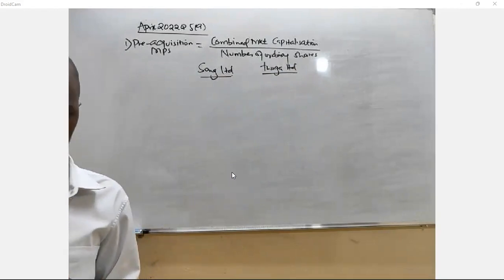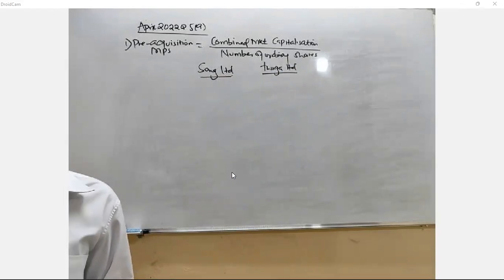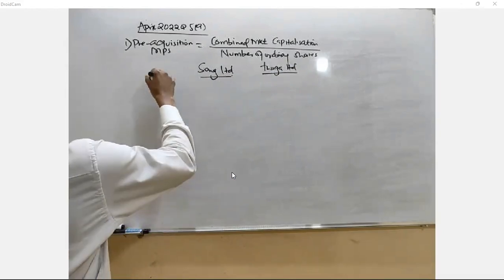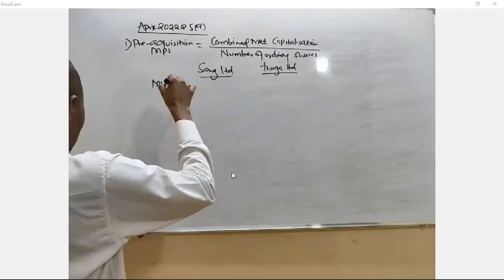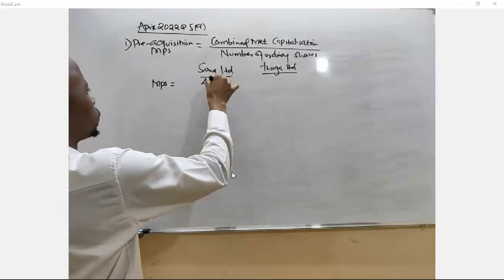So in our case here, we are being told the total market capitalization for Song, because we want to get the market price per share, right? So to get that, the total capitalization for Song is 420 million.